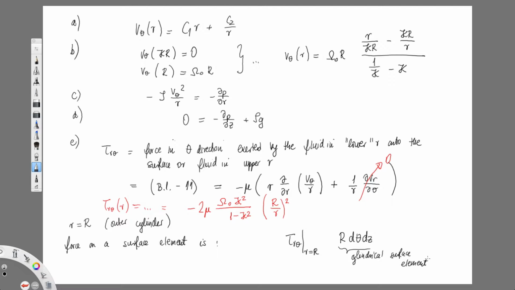If in doubt, go into Appendix A, where you have the cylindrical coordinate system, and review. And there's also direction to this force. So if I'm looking at the force direction, what is the direction of this force? Theta, right? Tau r theta has theta direction, so does the force.